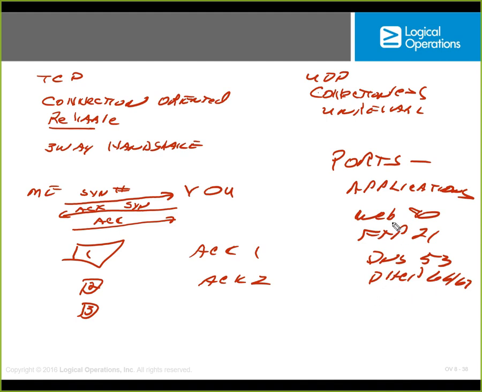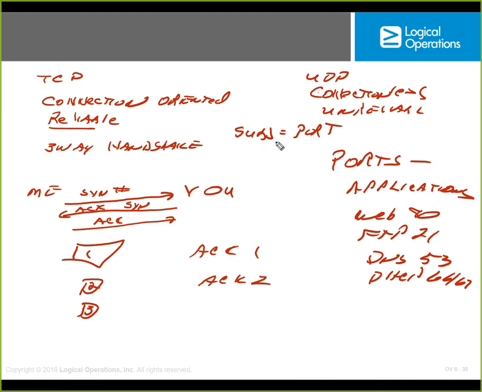So each of the conversations that we establish is like talking about a subject, and the subject is the port number. So I'll establish a connection to have a web server conversation, or to find an IP address, DNS. We'll look at those in a little bit.